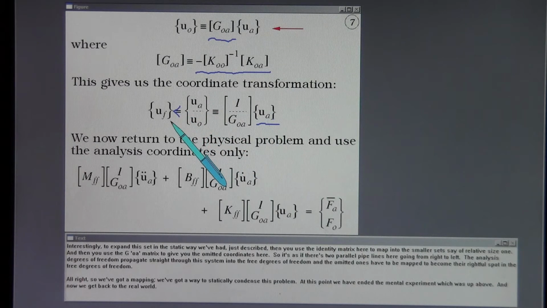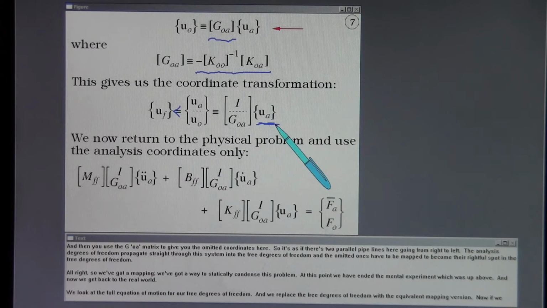Interestingly, to expand this set in the static way we've just described, you use the identity matrix here to map into the smaller set, say of relative size 1, and then you use the G_OA matrix to give you the omitted coordinates here.